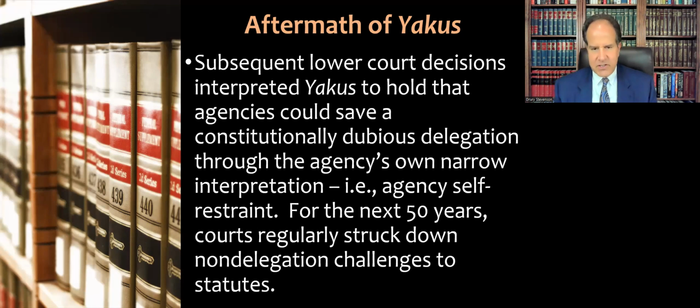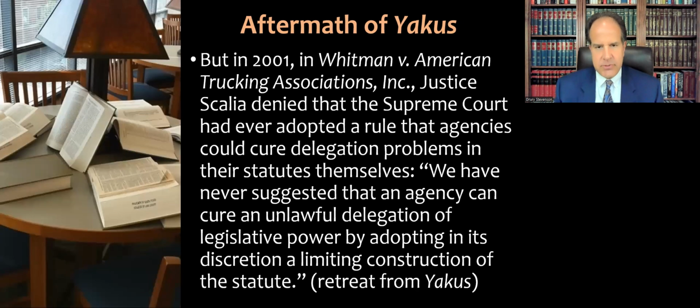In other words, if the agency engaged in some self-restraint and construed its own enabling statute narrowly, then maybe that would cure a constitutional defect. And again, for 50 years after this case and the passage of the Administrative Procedure Act, courts regularly rejected or struck down non-delegation challenges to statutes.